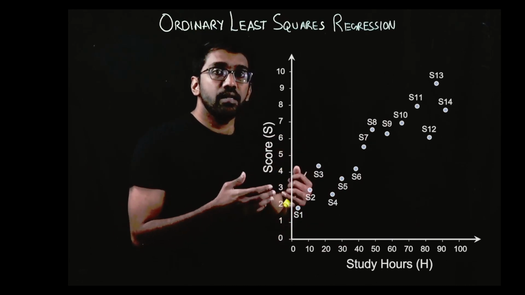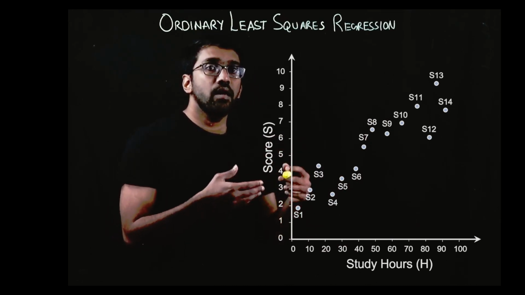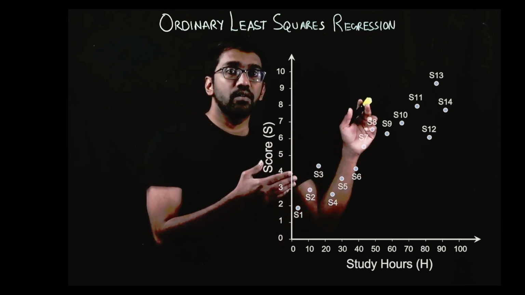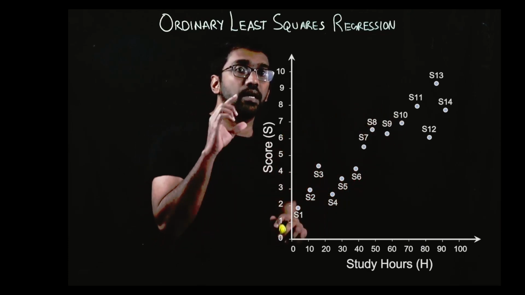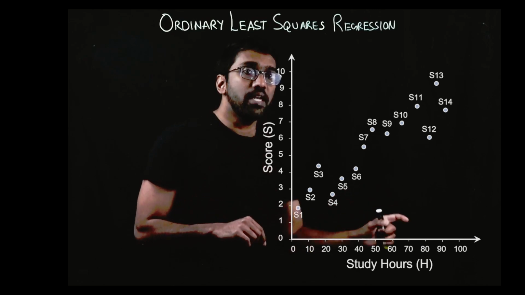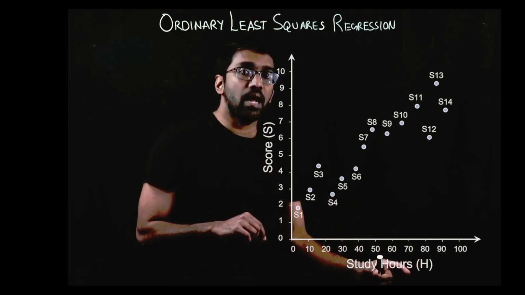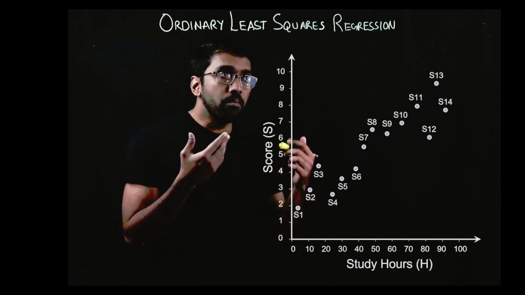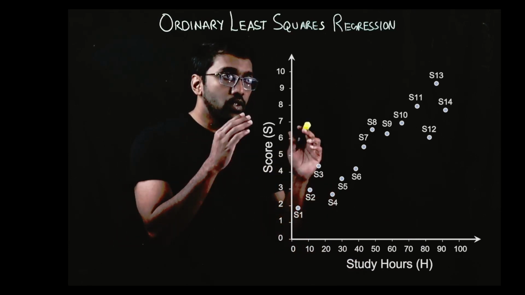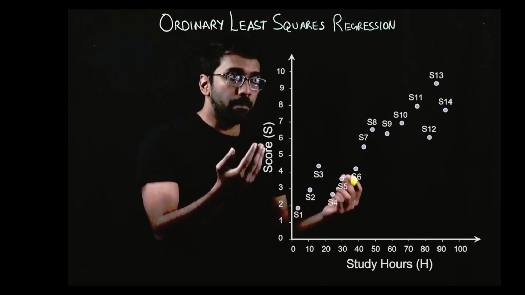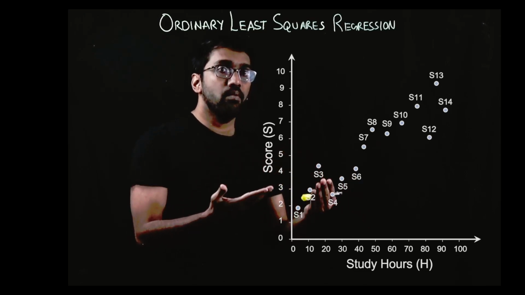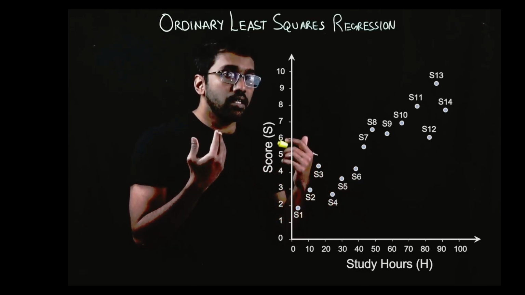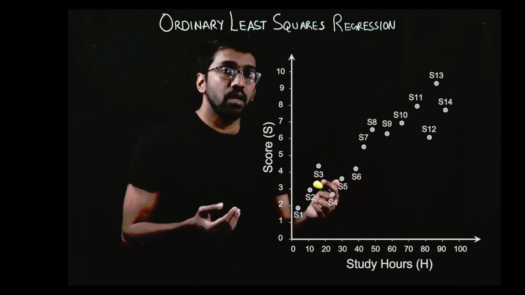So the idea here is a linear model that tries to explain the variance in score based on the input parameter, study hours. But when I say linear regression, in the case of two-dimensional space, it is referring to fitting a line.